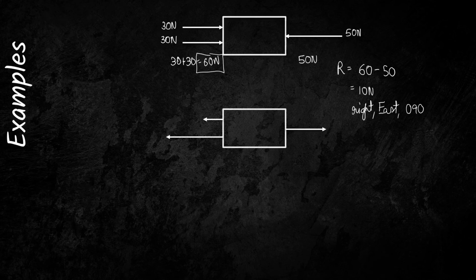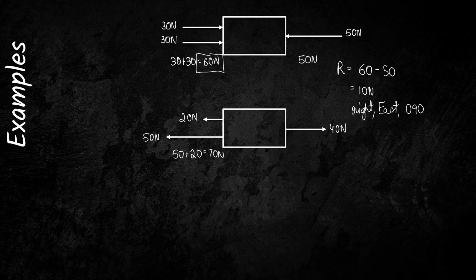So this time around, you have a 20 Newton force acting towards the left. You have a 50 Newton force acting towards the left. And you have a 40 Newton force acting towards the right. The two forces acting to the left are 50 plus 20, so the total force acting towards the left is 70 Newtons.